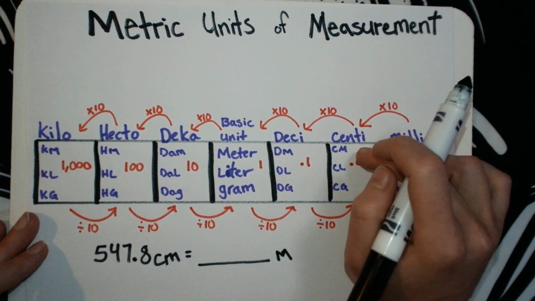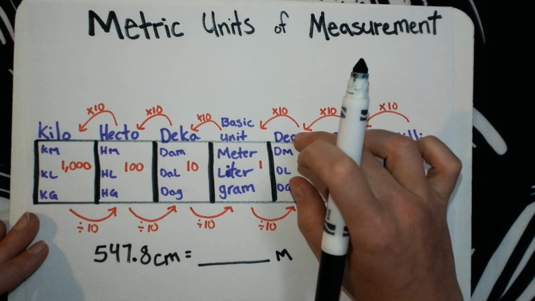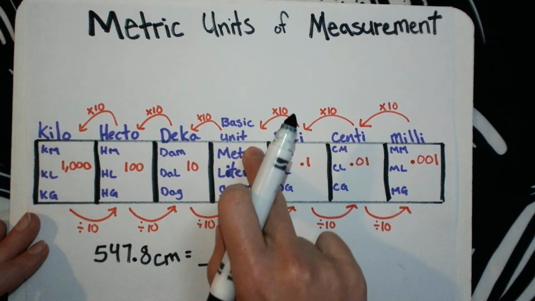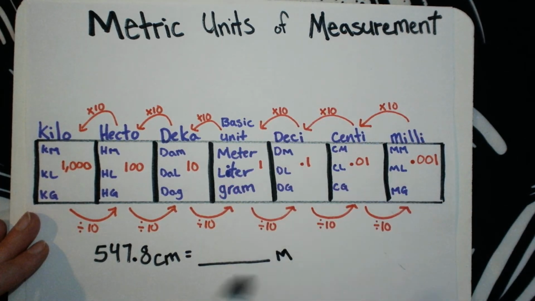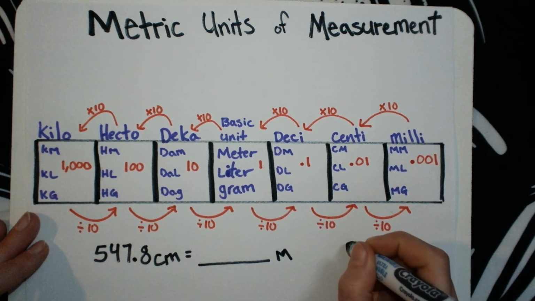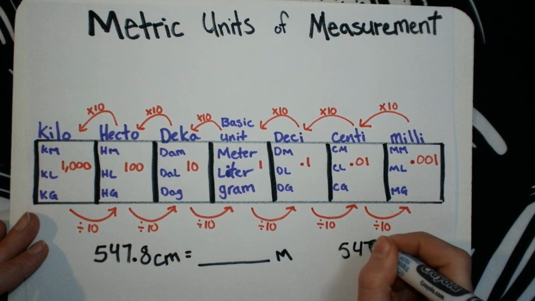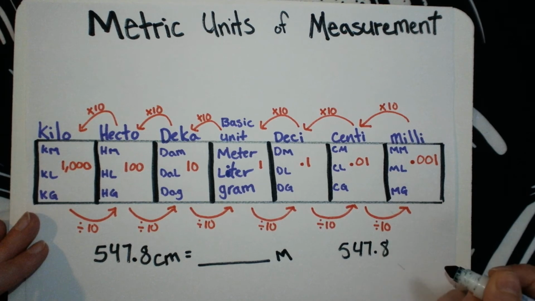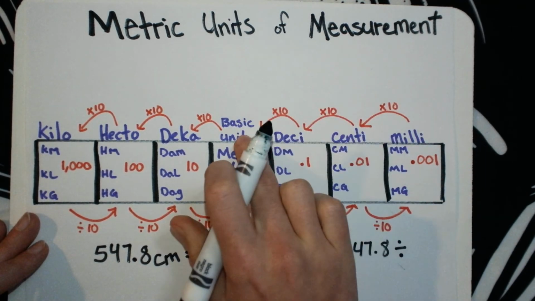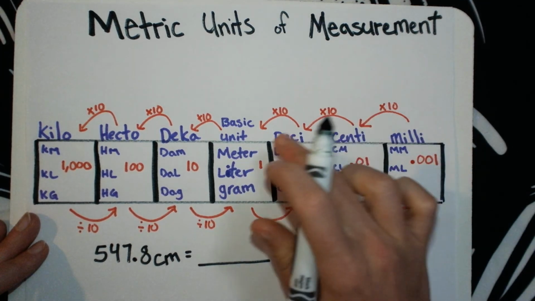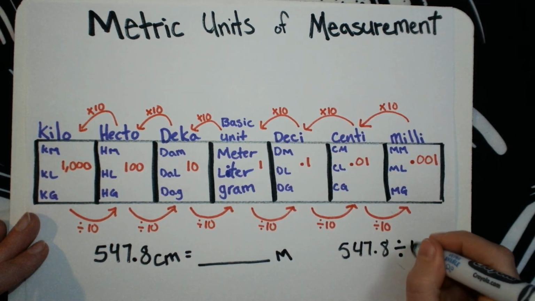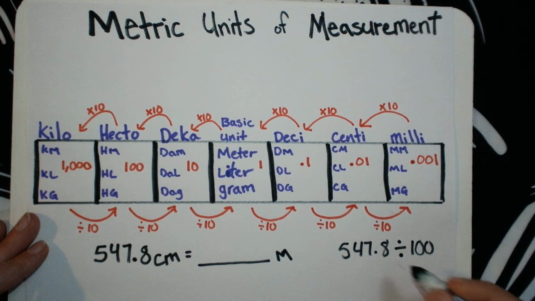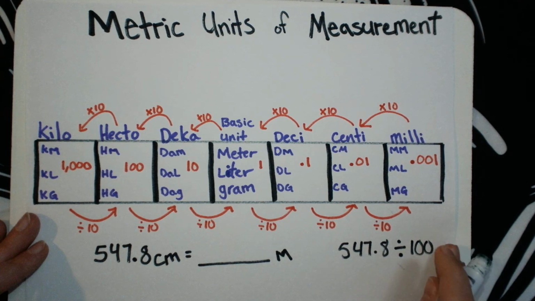So from the centimeter, go 1, 2 to get to the meter. So that means that I'm going to take this 547 and 8/10 centimeters, and I'm going to divide it by our 2 powers of 10, or 10 times 10, which we know is 100. So in order to divide numbers with decimals by 100, we remember how we can scoop the place value, or you could do your standard algorithm.